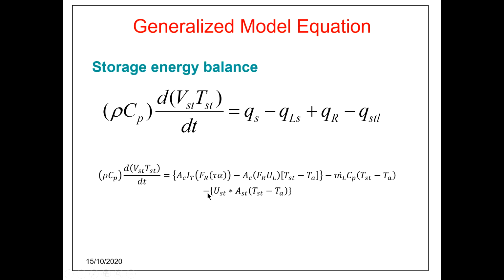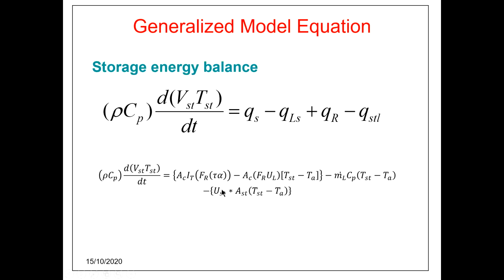And then storage losses, this is the overall loss coefficient. The energy loss is happening across the storage tank surface. So this is the heat loss coefficient for the storage tank, in watt per meter square Kelvin. Ast is the outer surface area of the storage tank.